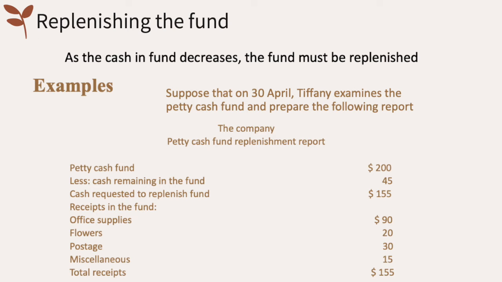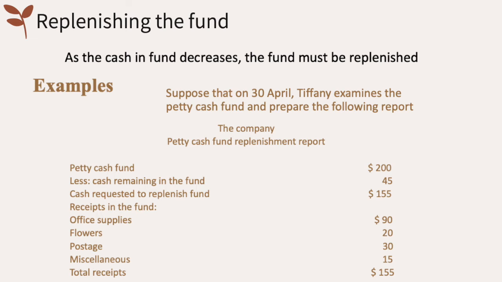The last step is replenishing the fund. As the cash in the fund decreases, the fund must be replenished. Let's look at the example. Suppose that on April 30, Tiffany examines the petty cash fund and prepares the following report. The report shows that the fund needs $155 to be fully replenished. It also shows that there are receipts totaling $155.